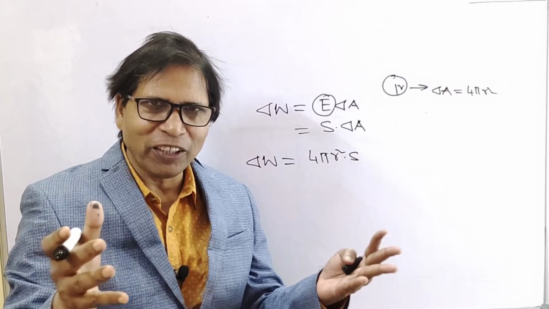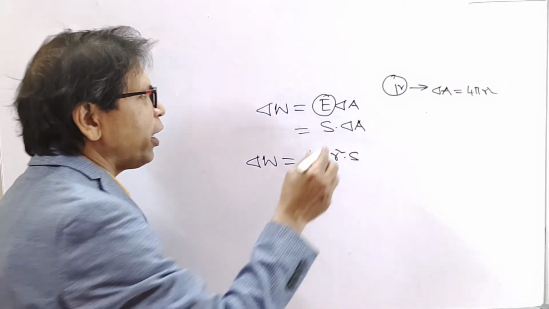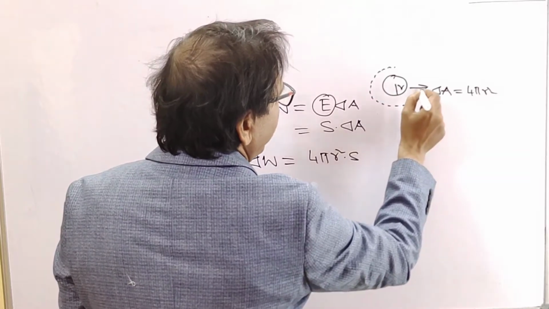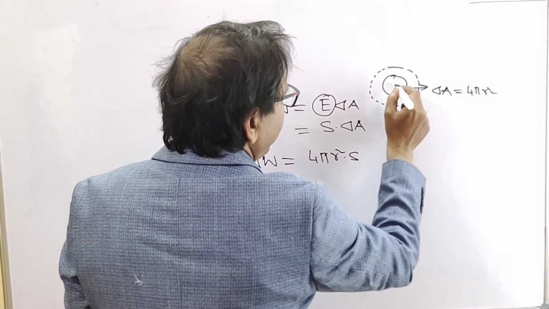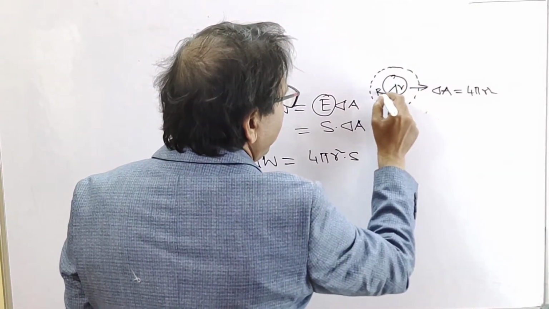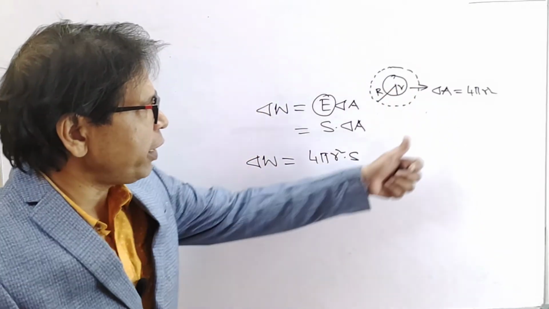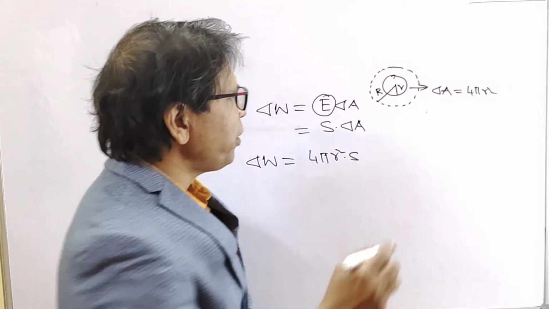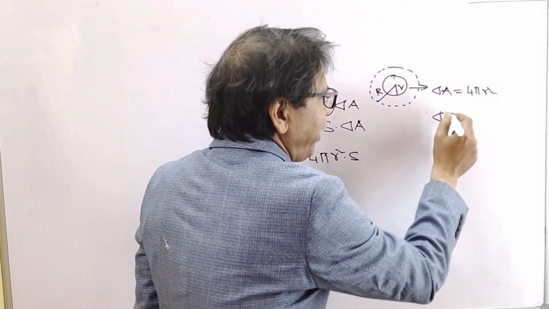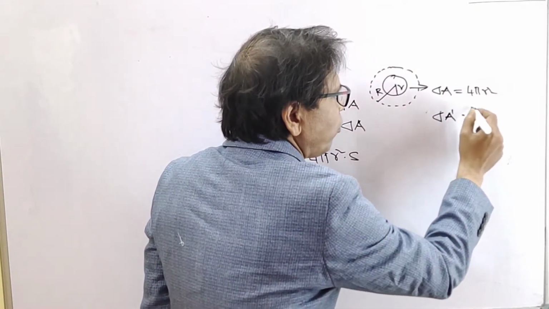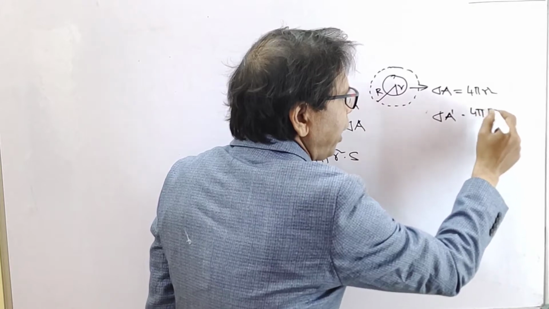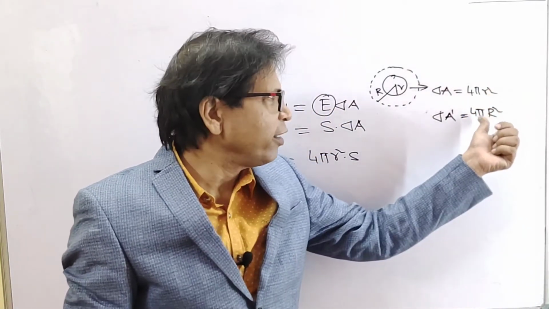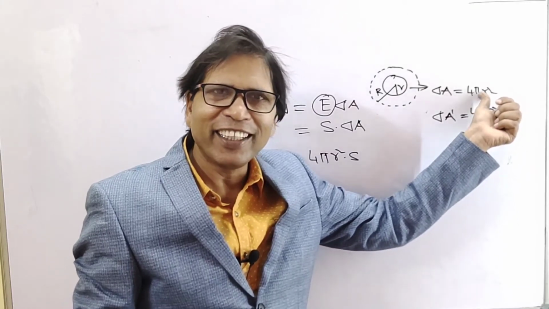Understood? Now the amount of work done to increase its radius from small r to capital R. Its initial surface area is 4 pi r square. The final surface area delta A dash is 4 pi capital R square. So the increase of surface area is this minus this.